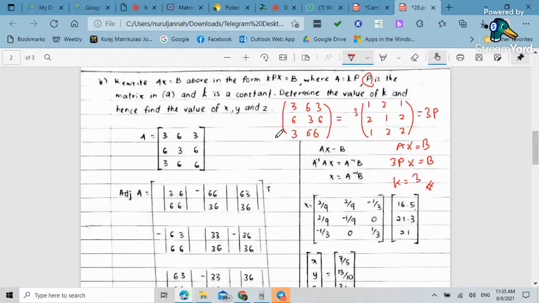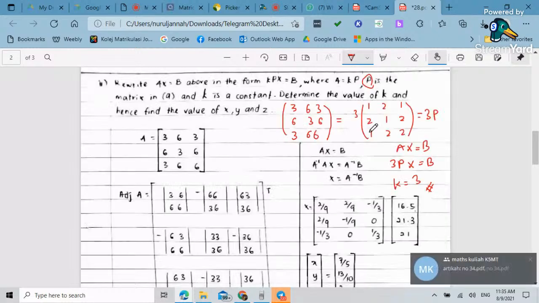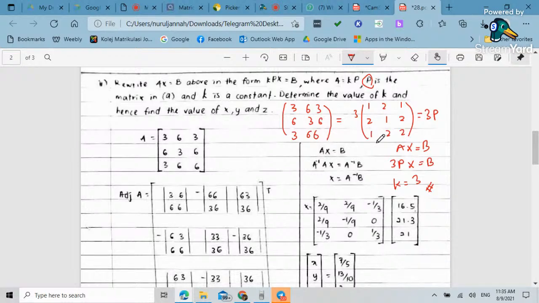So anyone who has a solution for question number 28, please share in the group so that I can confirm this method is correct. Any teams or groups, share one solution that gets to X, Y, Z using this method.